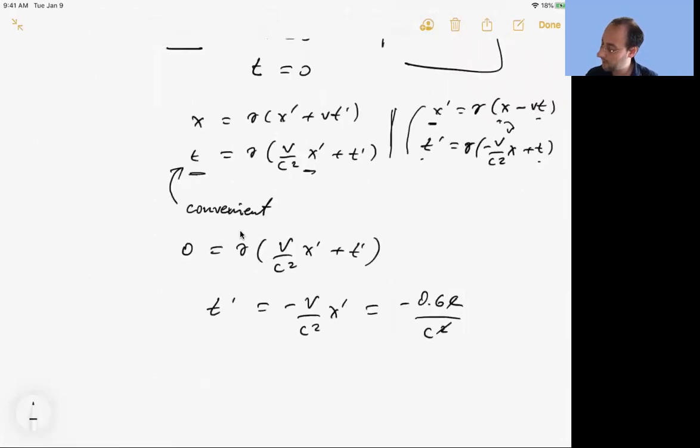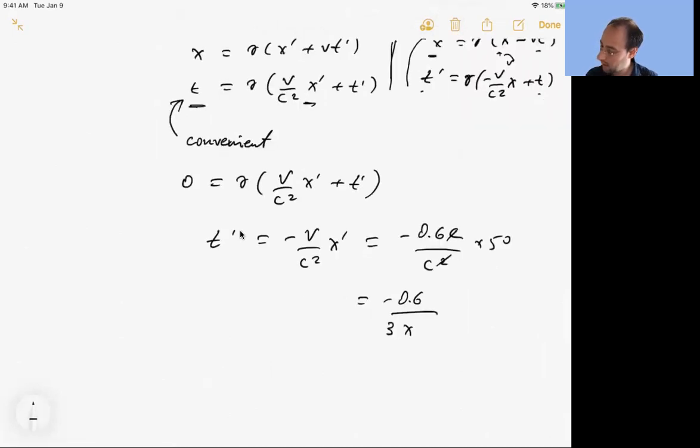times 50. You don't need a calculator for this because you have to work in scientific notation. When you work in scientific notation, you usually don't need a calculator. Okay, so let me crank this out. I already did, but let's do this again.